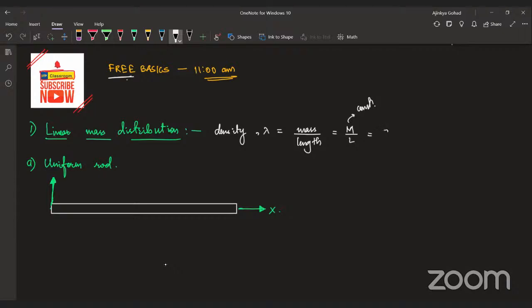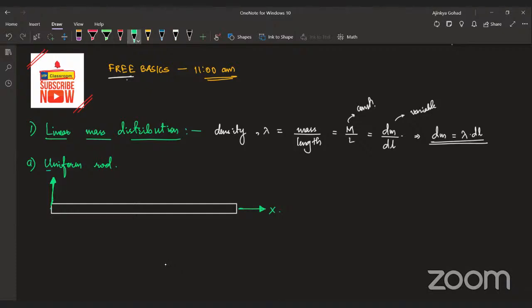Or if it is a variable, then we have to take small elements and write it as dm by dl. Anyway, I can write the mass dm of a dl length as lambda into dl.